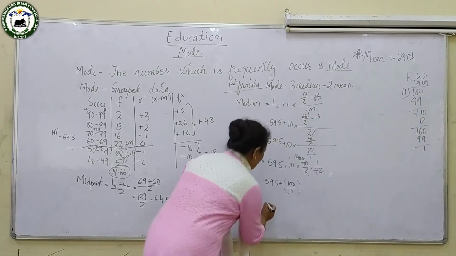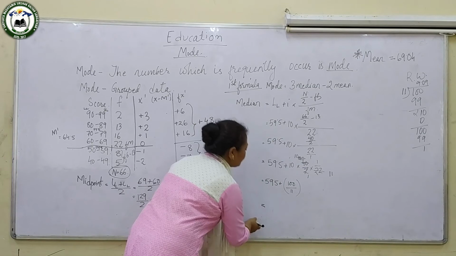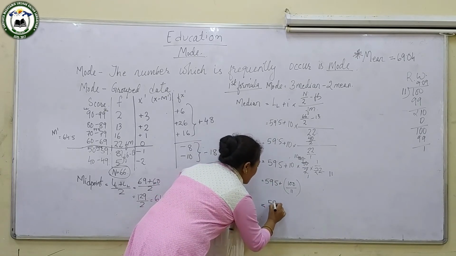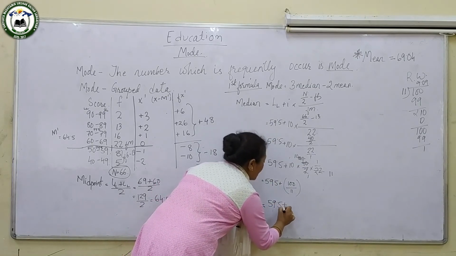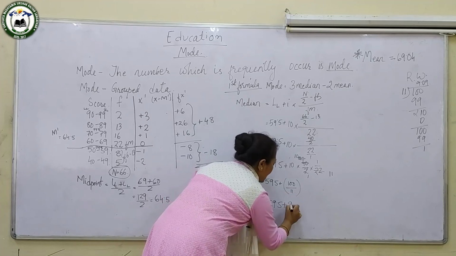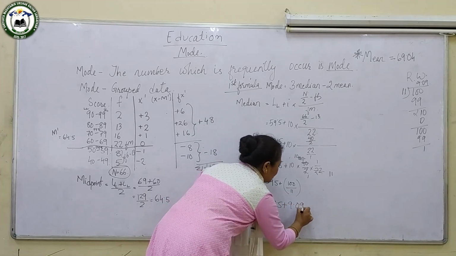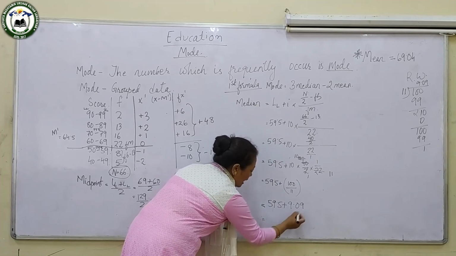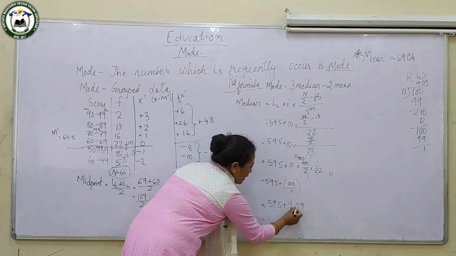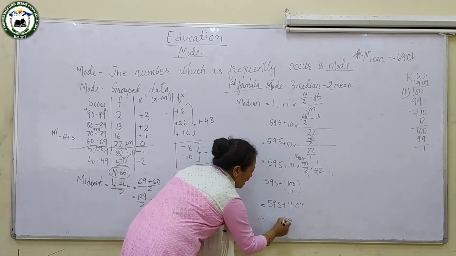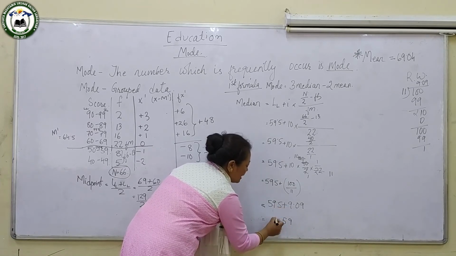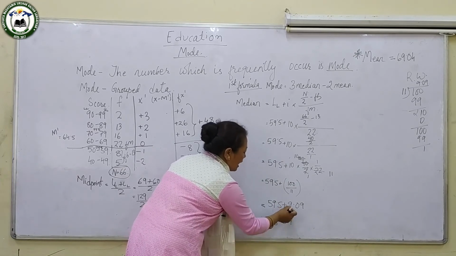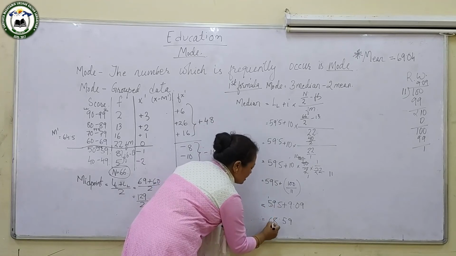So now here what we do is 59.5 plus we have 9.09. So 9 will become 9, 5 and 0 will be 5 point 9, 9, 18, 8 and 5 and 1 is 6.